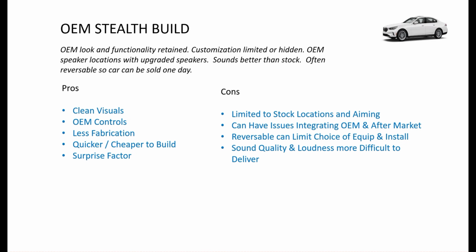And so, for example, loudness might be affected because you are restricted to using things like slimline subs, to try to retain the stock stealthy look of the car, right?